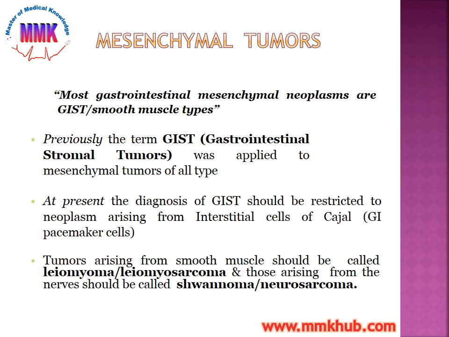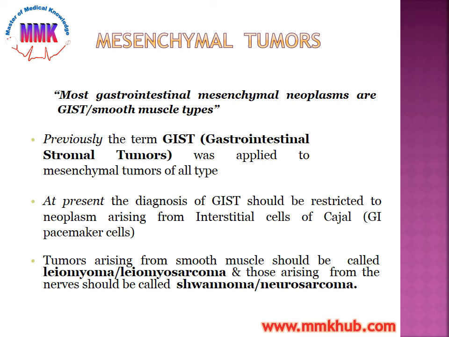Now the mesenchymal tumors. Most gastrointestinal mesenchymal neoplasms are gastrointestinal stromal tumors of smooth muscle type. Previously, the term GIST was applied to mesenchymal tumors of all types, but at present, the diagnosis of GIST should be restricted to neoplasms arising from the interstitial cells of Cajal, which are the GI pacemaker cells.